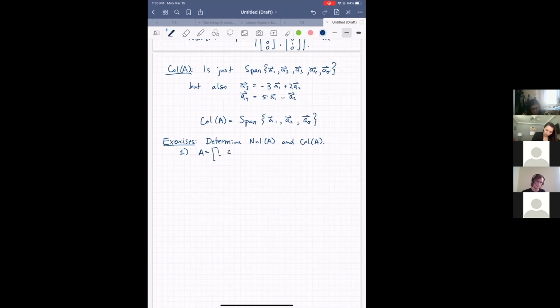Here we have this matrix, and this one. Okay, so start working on these, and then we can talk about solutions.